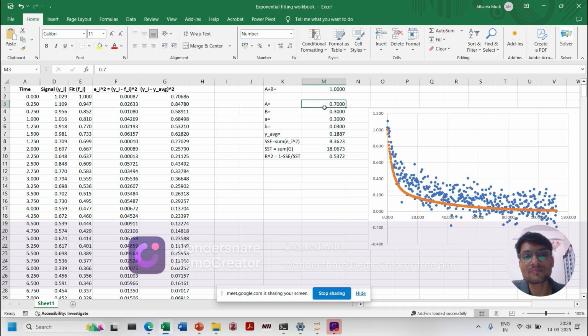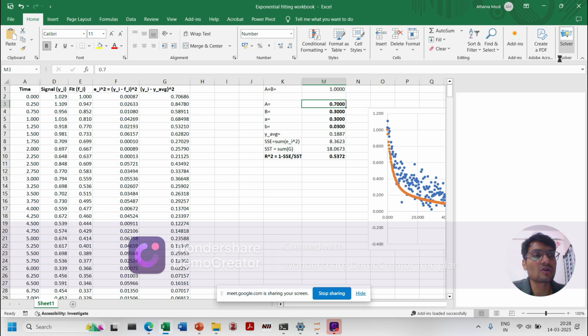So what numerical methods can do is try different values of these four variables and minimize our SSE. This can be minimized or R square can be maximized, whatever you do is the same. These four variables have to be varied, and any numerical solver can do it for you.